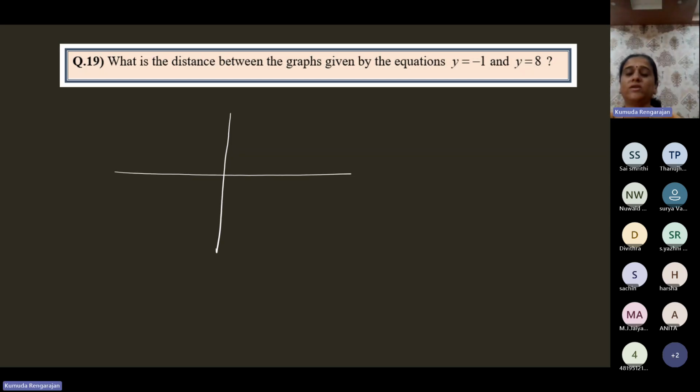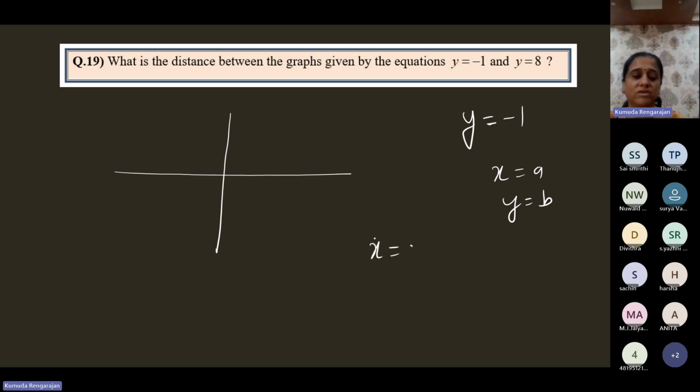It is one unit away from the x-axis. I'll say it again: y is equal to a number means that the line is parallel to the x-axis. See, equations of the form x is equal to a, y is equal to b are parallel to the x and y axis.